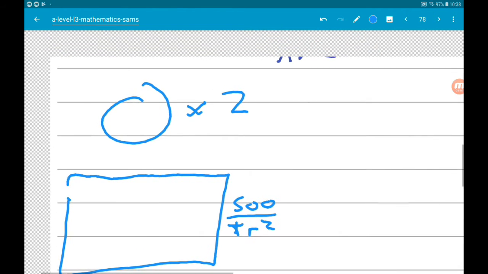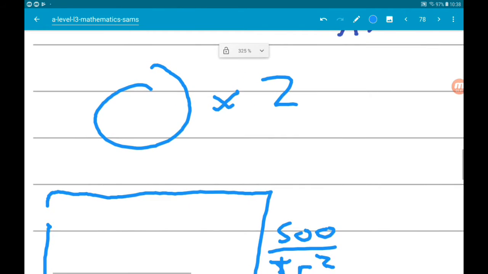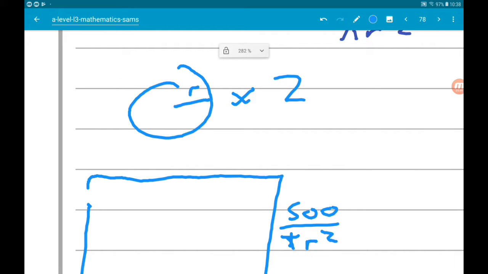Now we know the radius of the circle is just r. Now the length of the rectangle is the circumference of the circle, so that's 2 pi r.